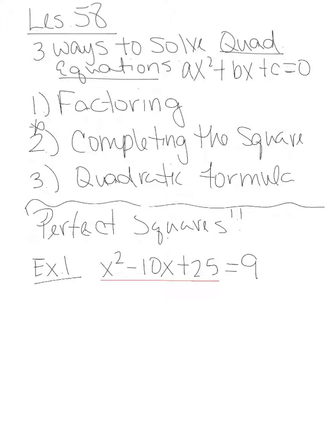That means there is one number that will multiply together to give us 25, but when we add them, we get negative 10. And we know that it's negative 5. So I can rewrite this trinomial as x minus 5 squared equals 9.